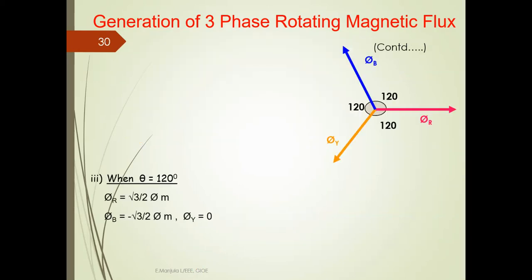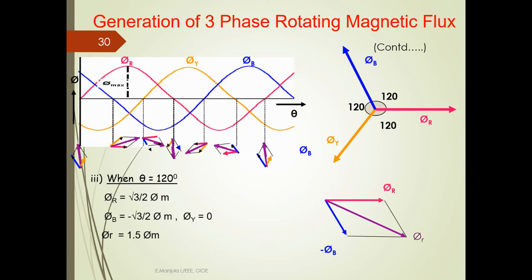So at the position when theta is 120 degrees, this point, phi y is 0, phi r is positive, root 3 by 2 phi m, and phi b is negative.